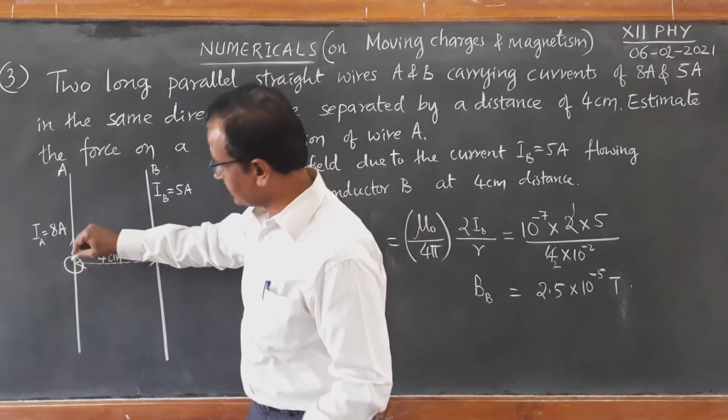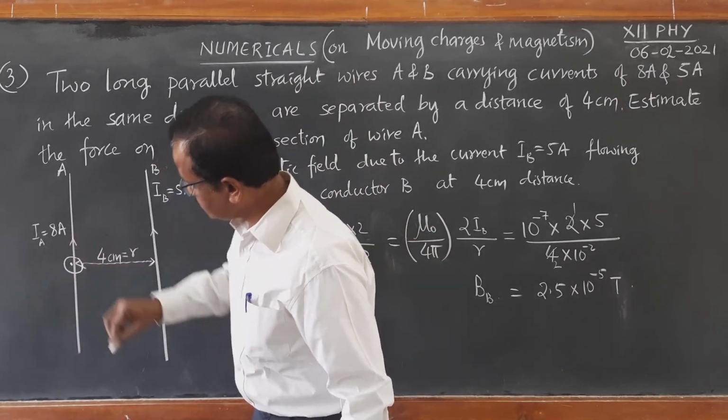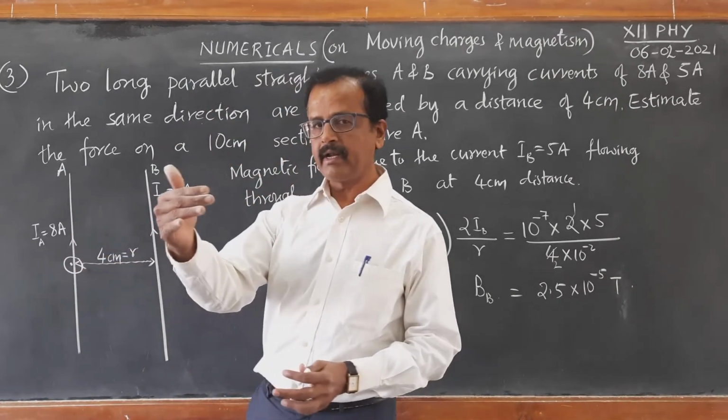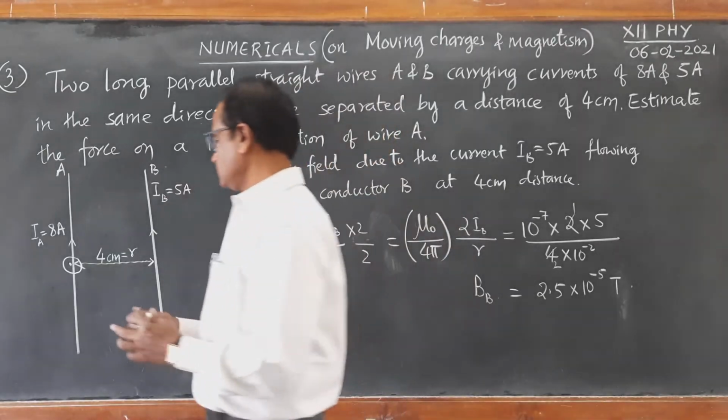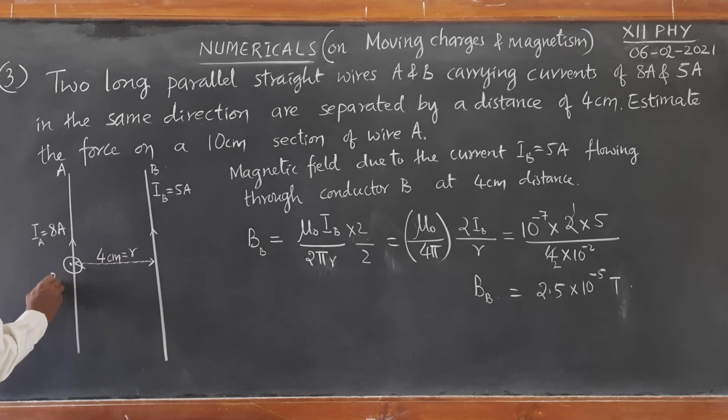So magnetic field here is represented by dots. So magnetic field is pointing perpendicular, vertically outwards. So this is magnetic field BB.